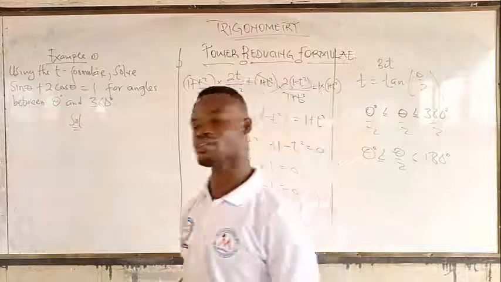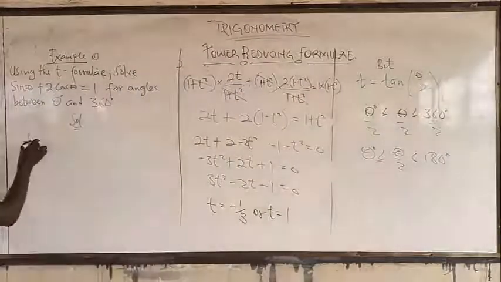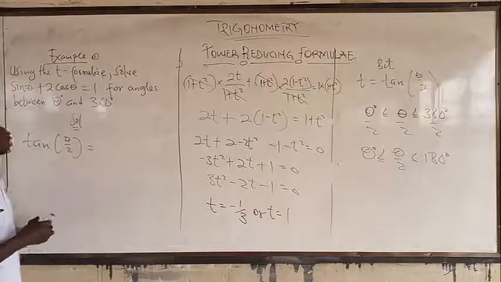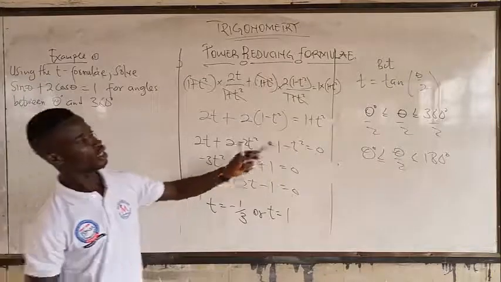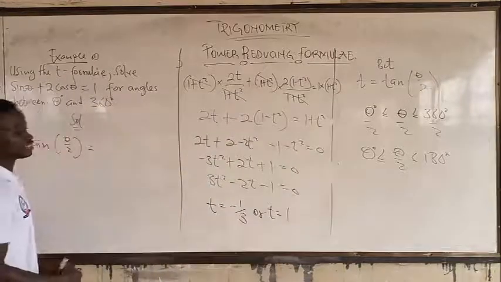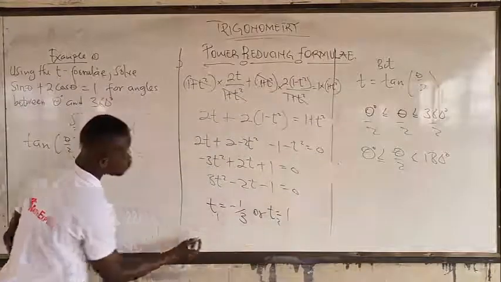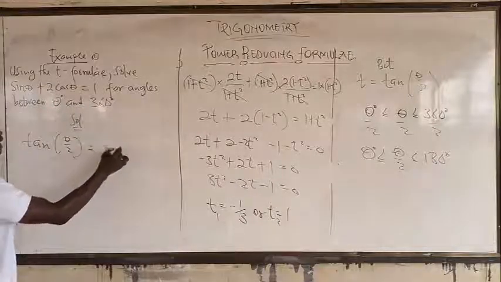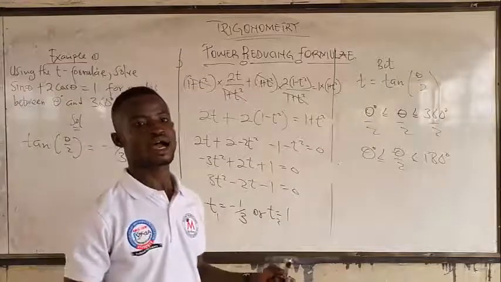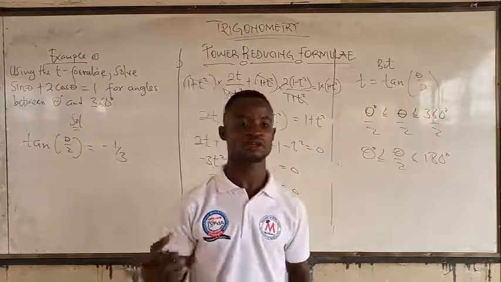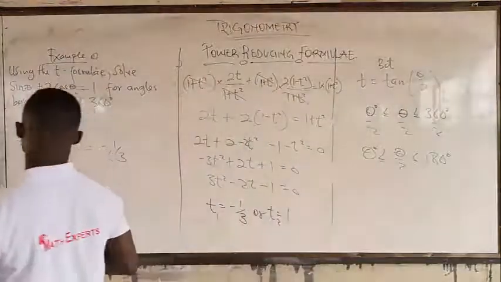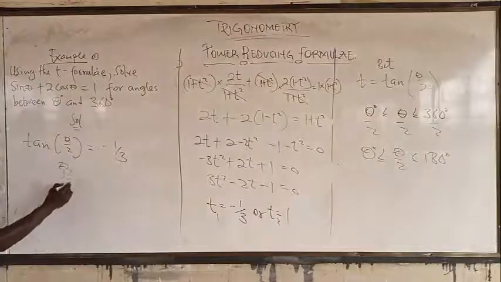Alright, so we know that tan theta over 2 is equal to t. And we have t1 and t2. So for t equal to negative 1 over 3, let's see what is going to happen here. We are going to take the tan inverse of both sides.